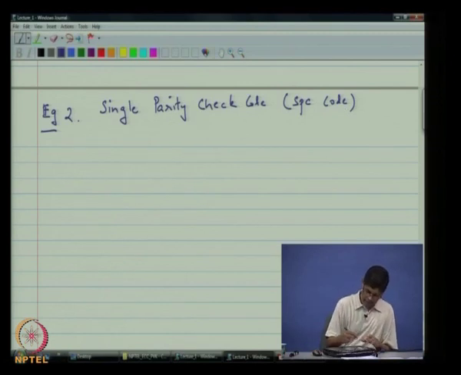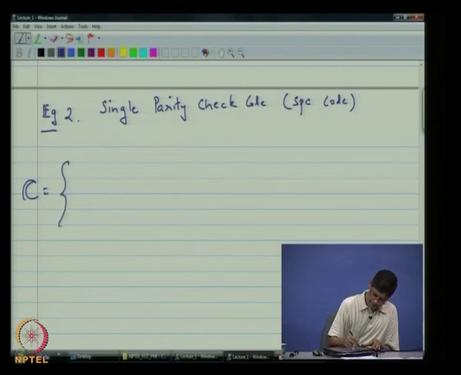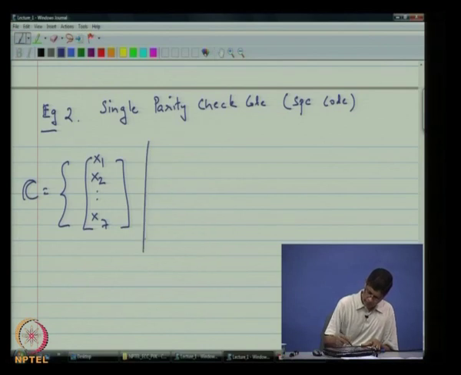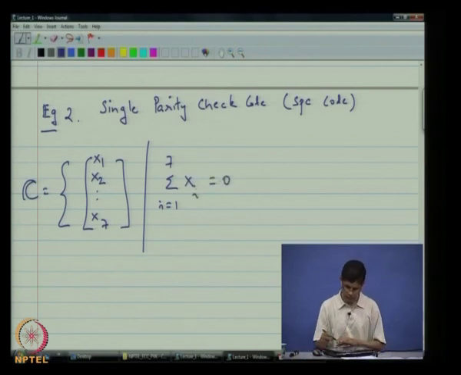And the way you define this is that C is the set of all vectors of the form x1 through x7 under the constraint that the summation is equal to 0.